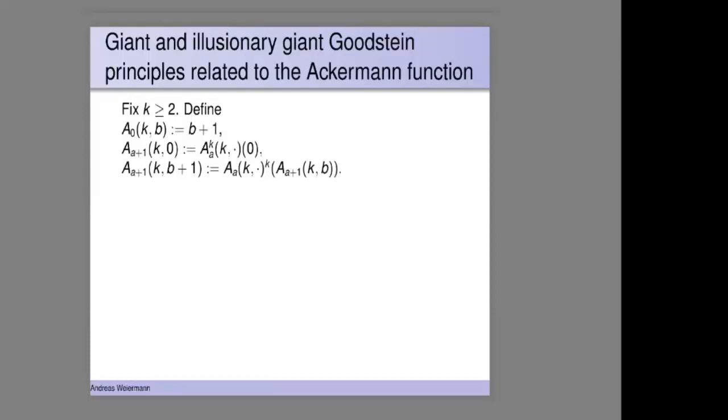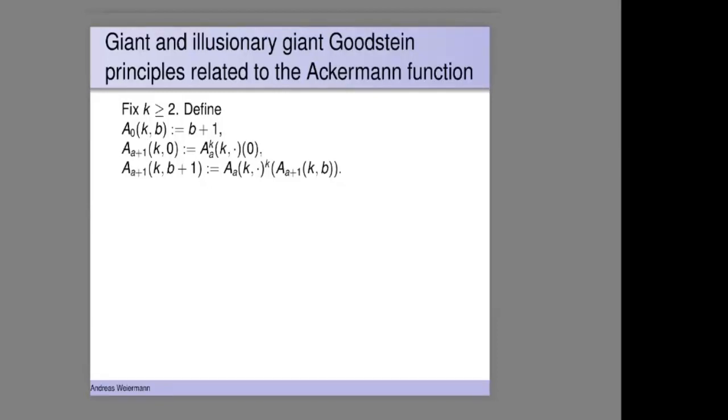So I assume that A index a plus 1 of k, b is already defined, and I plug this into the argument of a k times iterate of the function A index a. I use the smaller function A index a, I iterate it k times in the second argument, and then finally I plug in the previously defined value A_{a+1}(k, b). And that's the value of A_{a+1}(k, b+1).